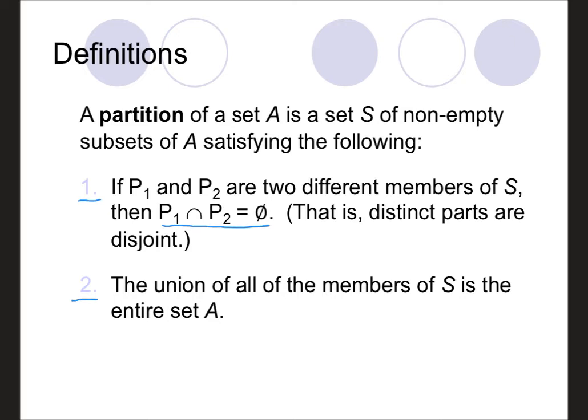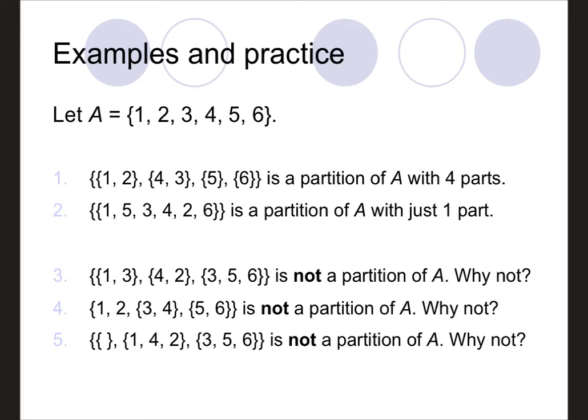And then the second thing is if you union all the subsets that we've chosen together, you'll get back the entire set A. And so that'll form a partition, and that'll play a special role in some things that we'll do later on. If we go back, notice that we need non-empty subsets.